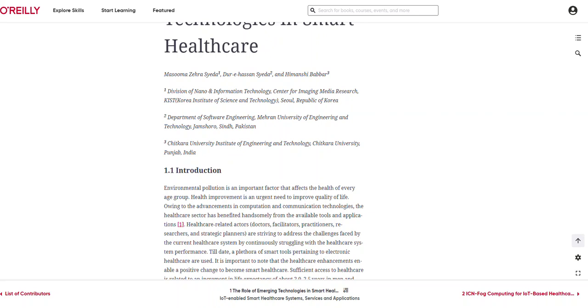Recognize the importance of interoperability and the role of standards like HL7 and FHIR. And be able to identify future trends in healthcare IoT, including AI integration, implantable sensors, and 5G.